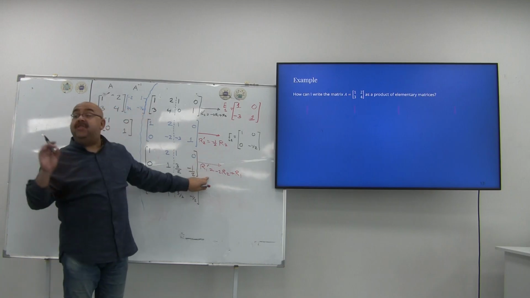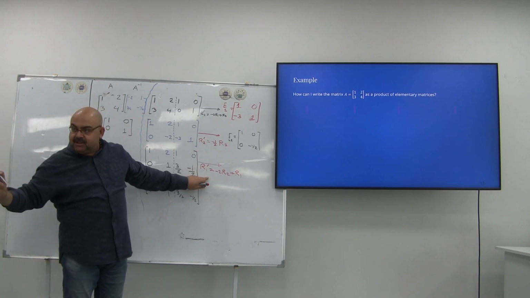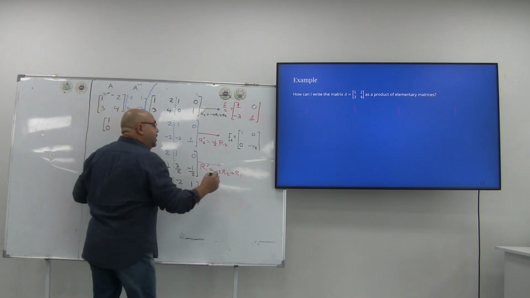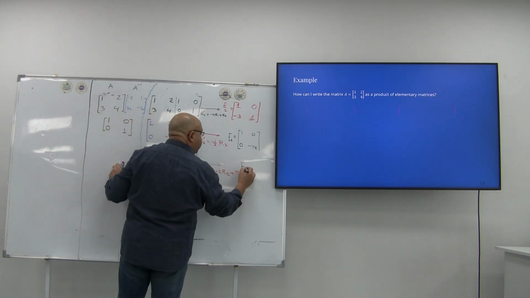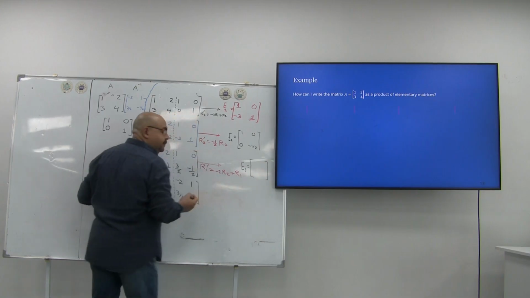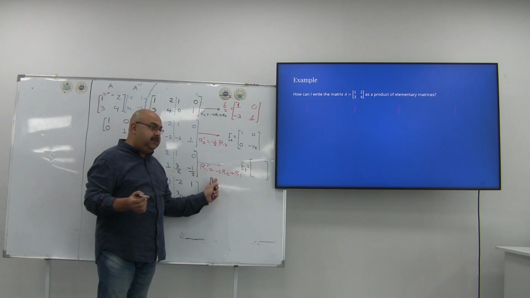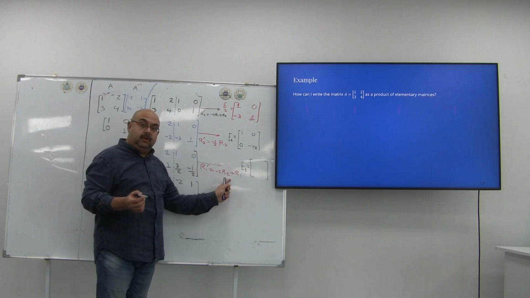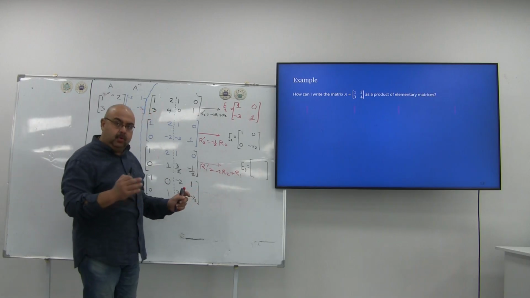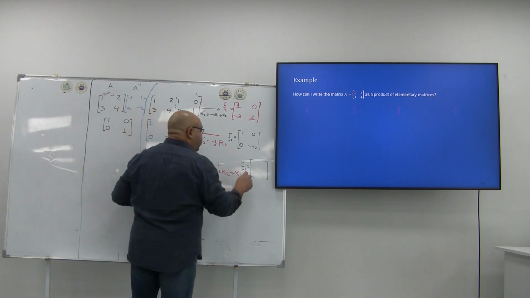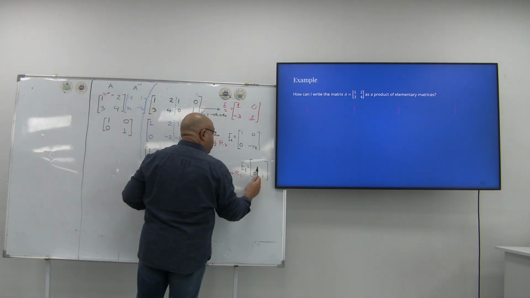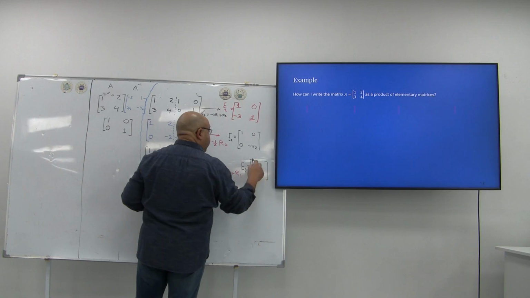Okay, let's do the third elementary matrix. The third elementary matrix, that's the third step, E3, is, remark please, multiplying the second row of a unit matrix and adding it on the first row. So the second row in a unit matrix is 0 and 1. Multiplying by negative 2, it's going to be 0 and negative 2.